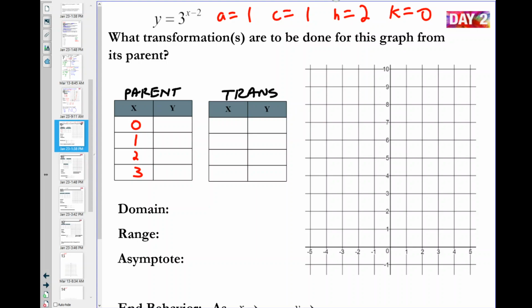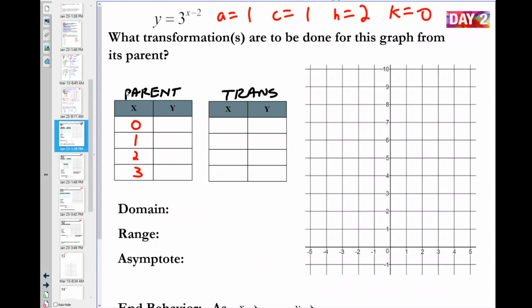So what is the only transformation that's going to have an effect here? The H. And on the formula that I gave you, what does the H do? H is not horizontal asymptote. Oh, horizontal. Sorry, my bad.